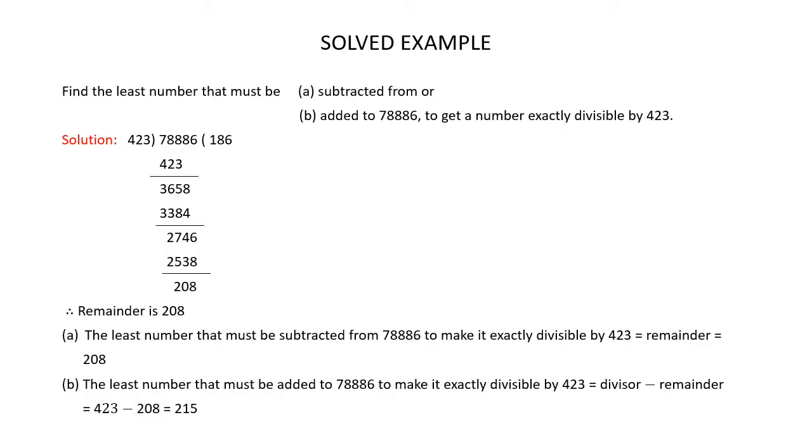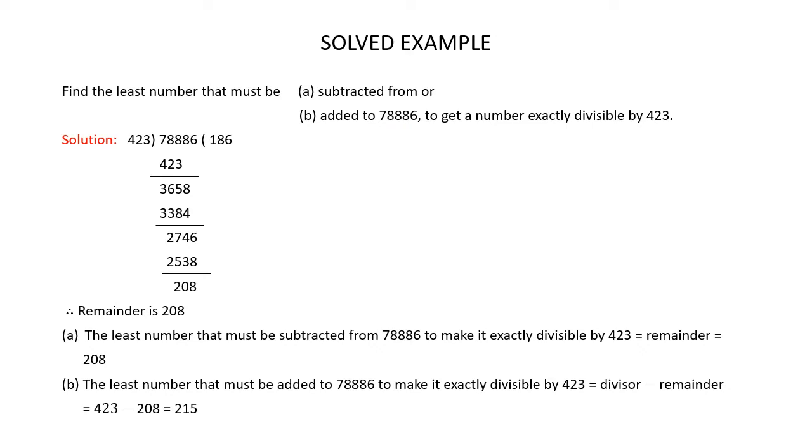Let's understand the concept you have learned till now with an example. Find the least number that must be subtracted from or added to 78886 to get a number exactly divisible by 423. So you know that the given number is not exactly divisible by 423.